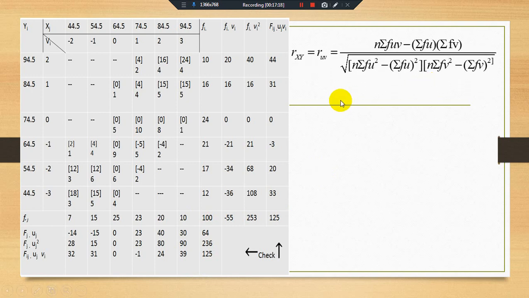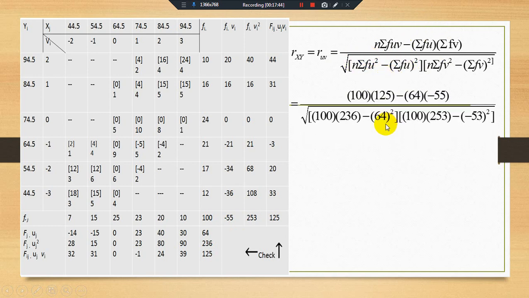So this is the formula for the correlation of group data. We have a very strong understanding that finding the correlation of x, y or v, u or uv is the same representation. So put these values into this formula and we get this.